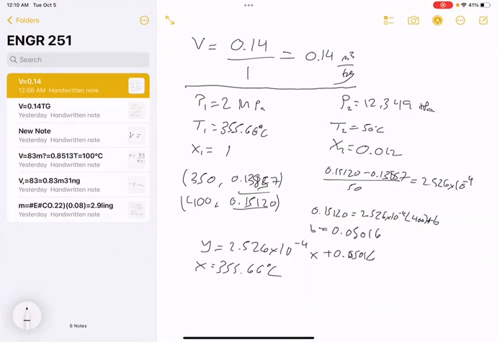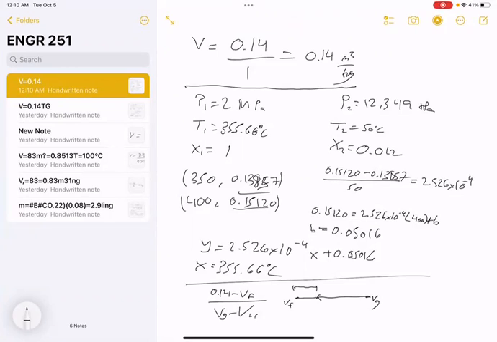And just to write it down, our quality is 0.14 minus Vf over Vg minus Vf. If you picture it like a line, we have Vf and Vg, and somewhere, we don't know exactly where, quality is telling us how far along we are.